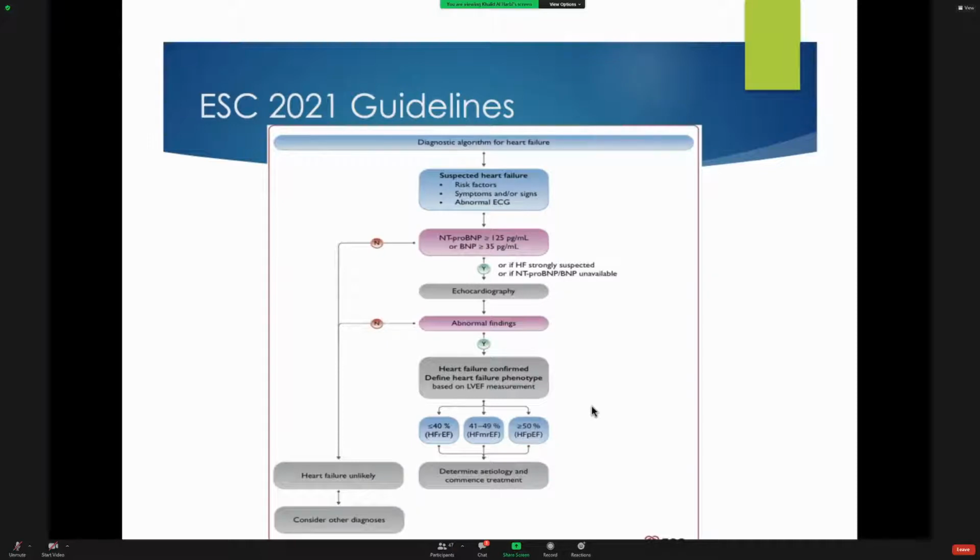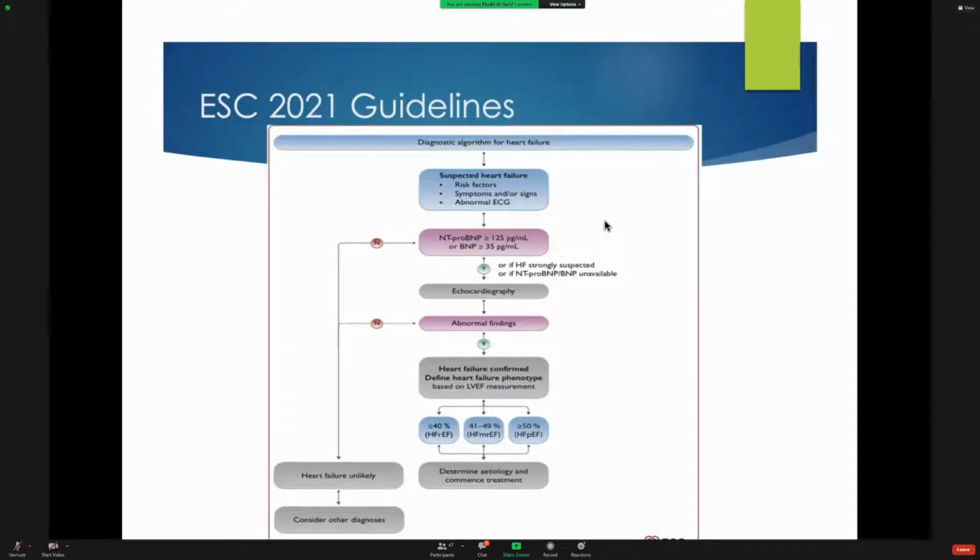Now, the gold standard to diagnose heart failure, is it echo? So echo is the gold standard to diagnose heart failure, but this is the algorithm for diagnosing the heart failure patient.